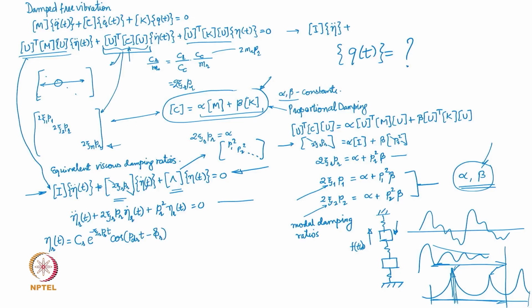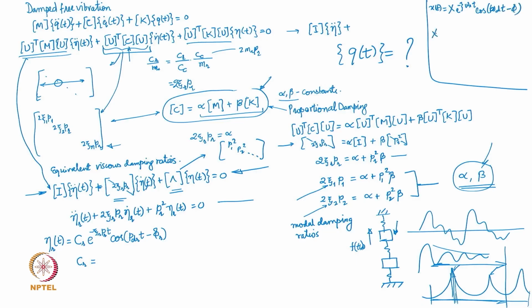Now, we all know the expressions of the phase as well as cr. What is cr? Again, let me recall the expression for x of t in the simple single degree of freedom system. This was written as e to the power minus zeta omega n t cos omega d t minus phi, right.